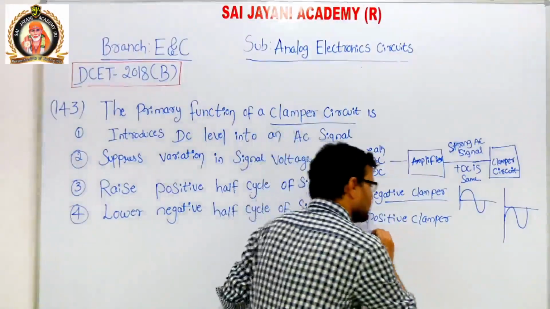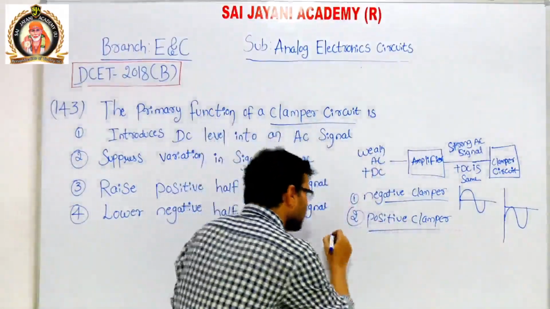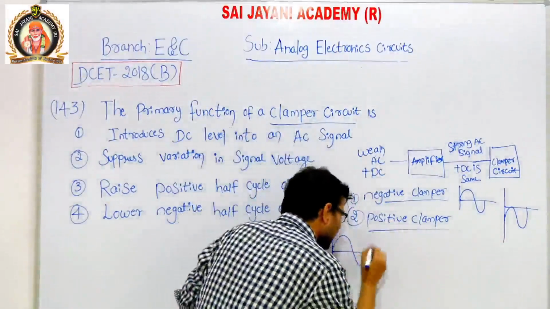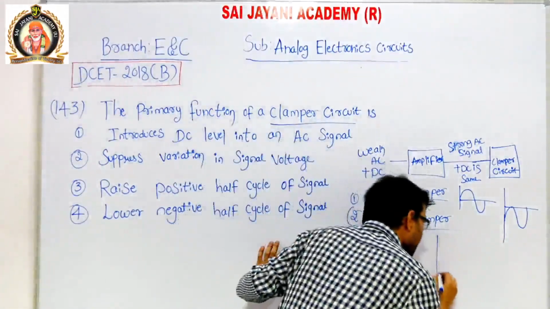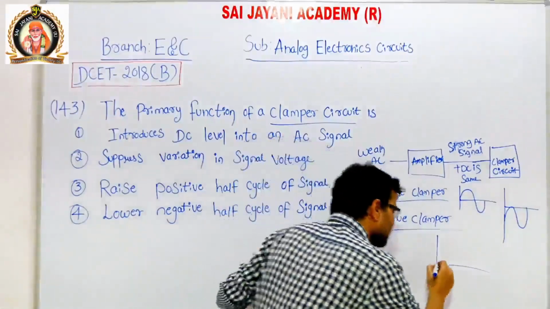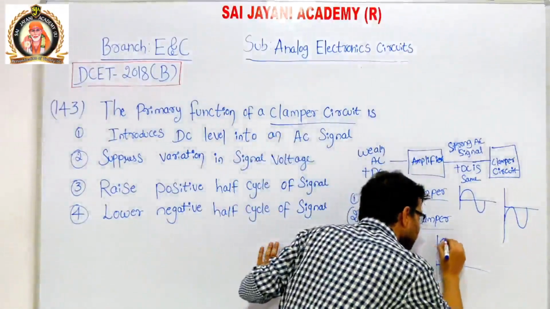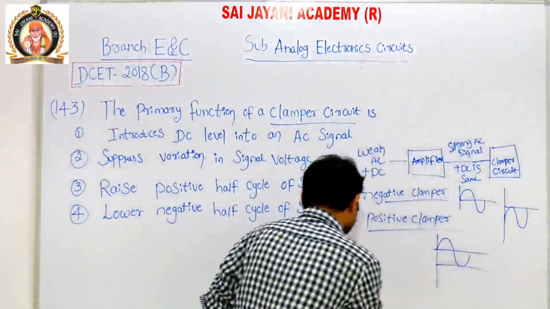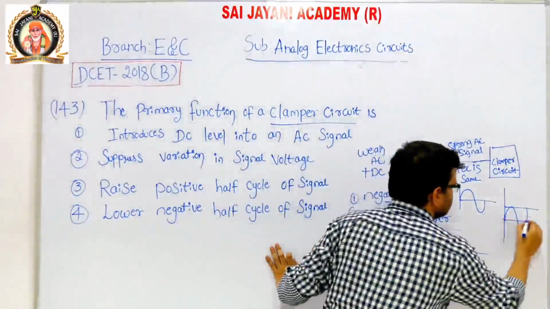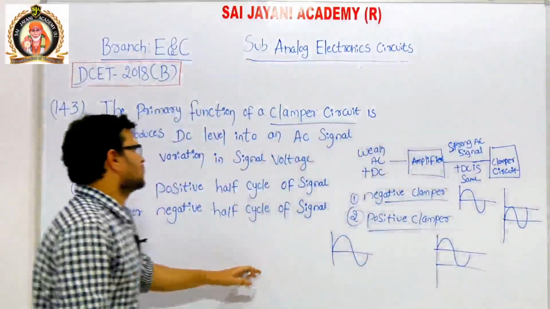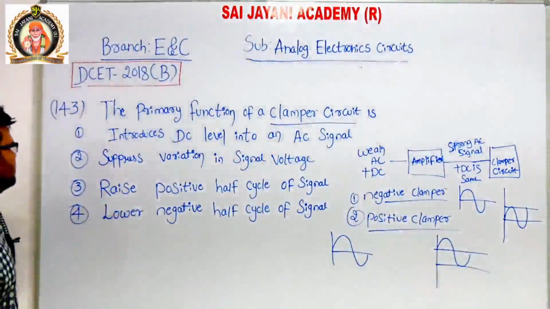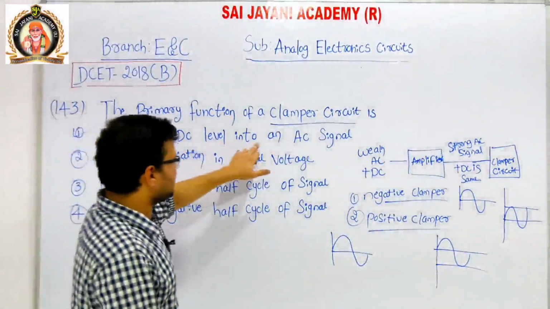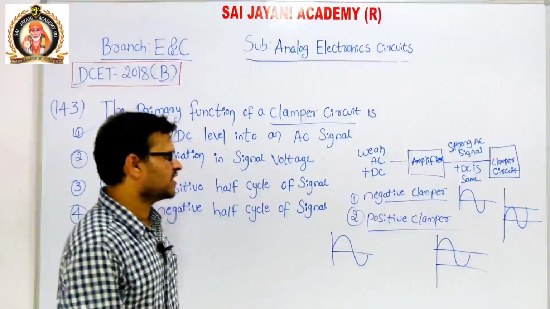In the positive clamper circuit, before applying to the positive clamper circuit, if your signal is like this, at the output of the positive clamper circuit you will get the signal like this. So from the given options, the first option is the correct option, that is it introduces the DC level into an AC signal.